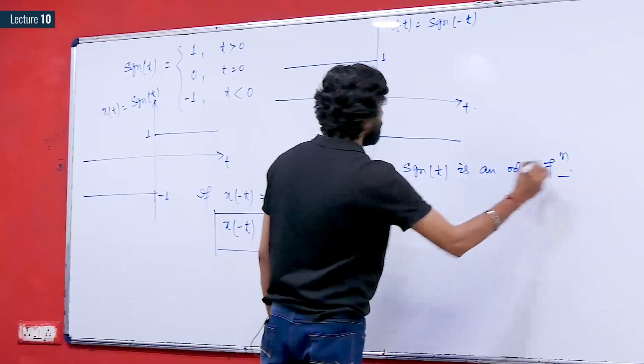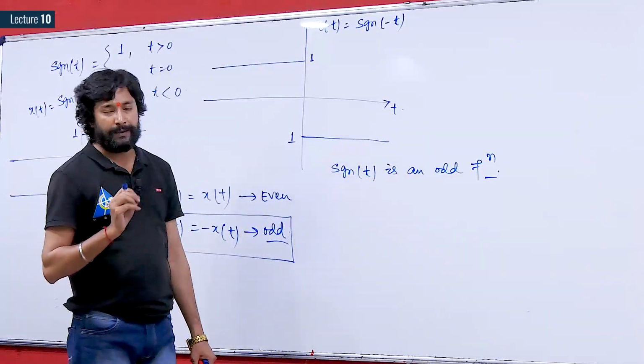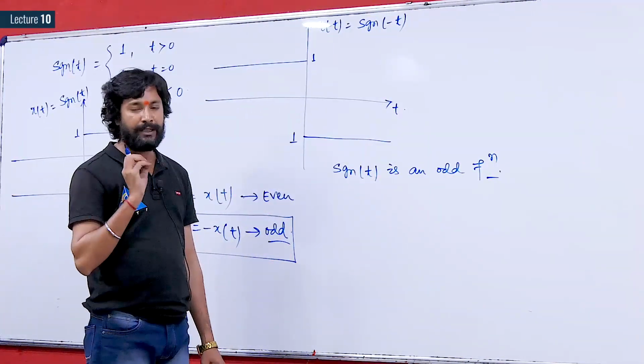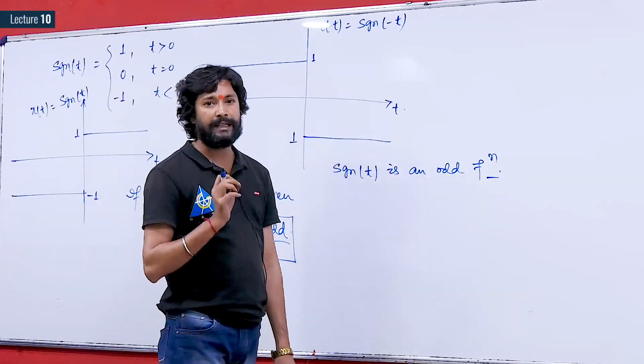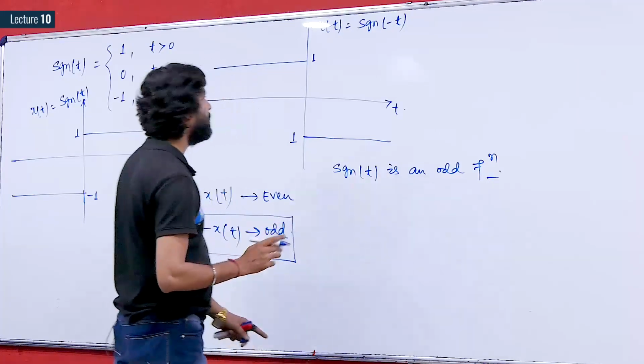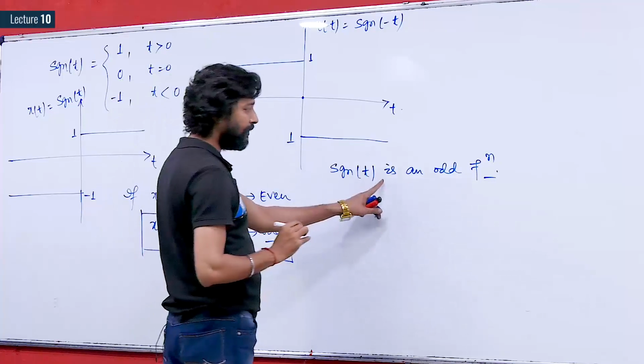It means that for any function to be odd, it must have value 0 at the origin. If the value at the origin is other than 0, then a function can never be an odd function. It satisfies that relation also, as it has value 0 at t equals 0, so it is an odd function.